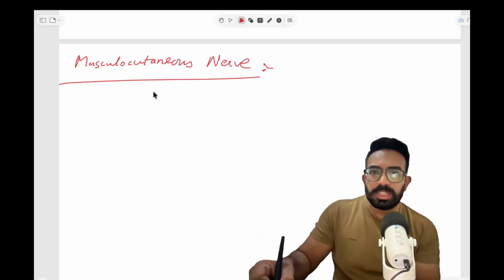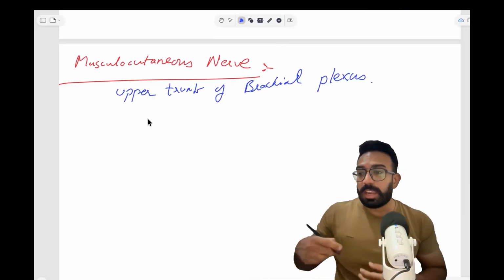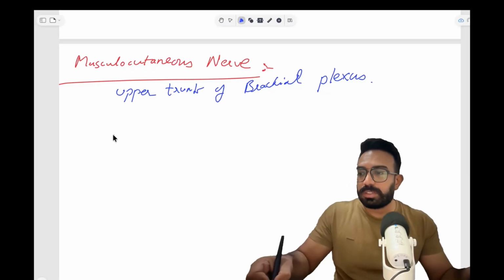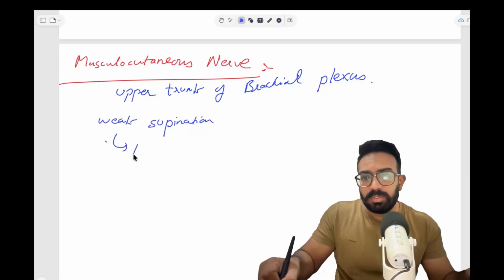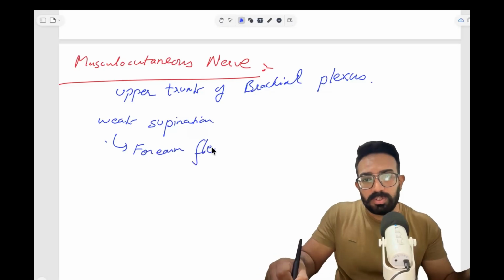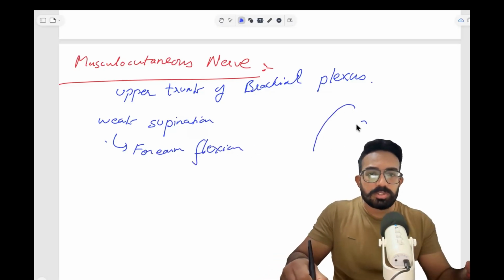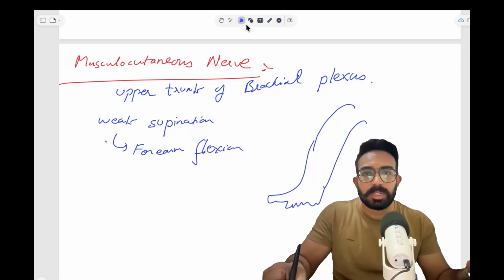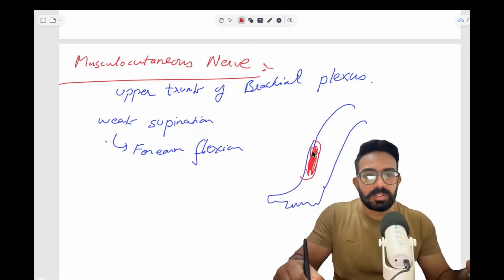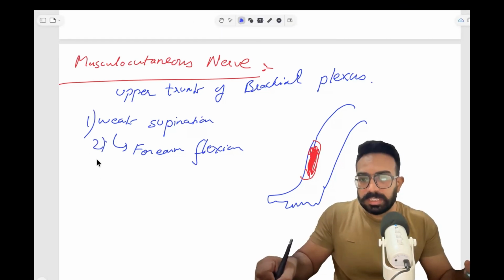If the upper trunk of the brachial plexus gets injured, there is going to be weak supination and weak forearm flexion. Along with this, there is loss of sensation over the lateral aspect of the forearm, because the musculocutaneous nerve has a sensory supply in this region. So these are the effects.